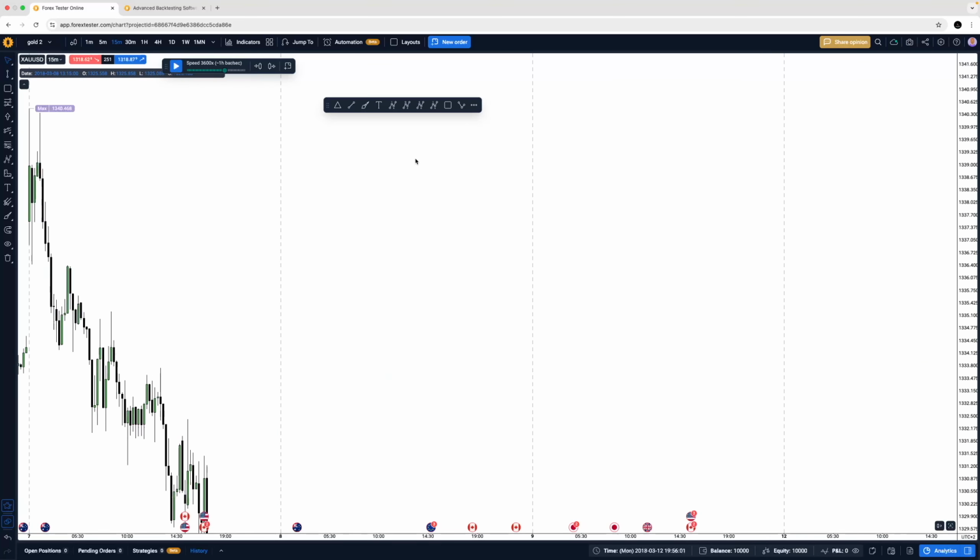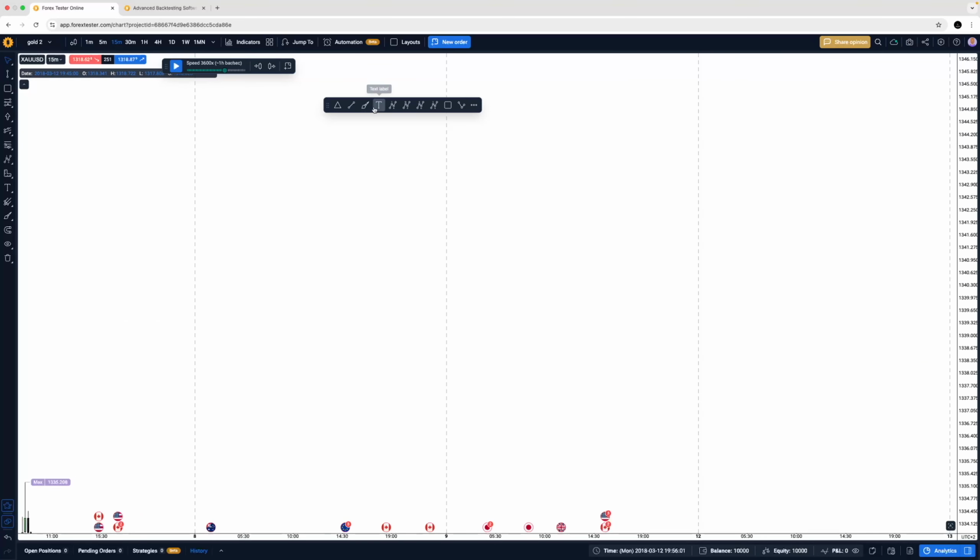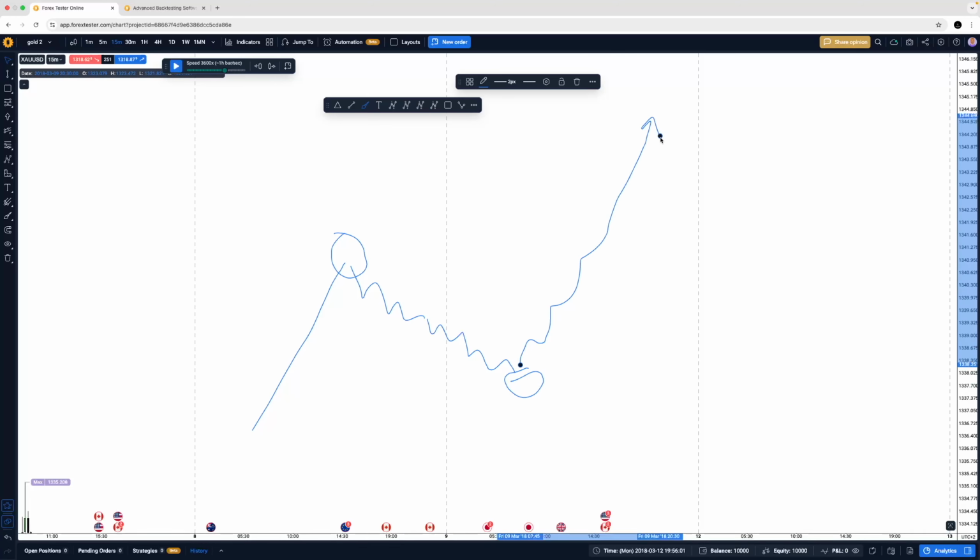Every time you see a move to the upside, and let's say you enter the market right there, you see a correction like this. That means the next move should be very impulsive. The only thing that you need to focus on is this area here.